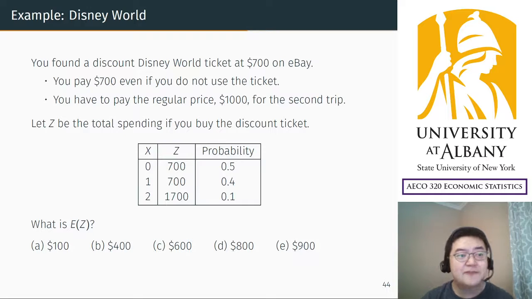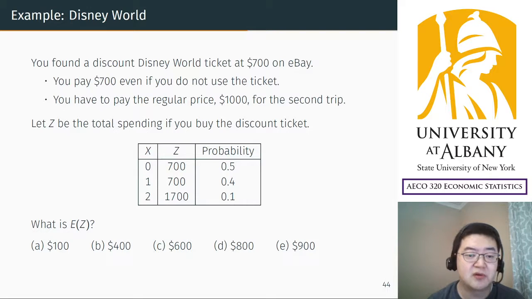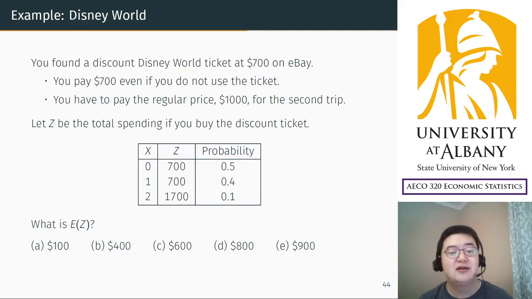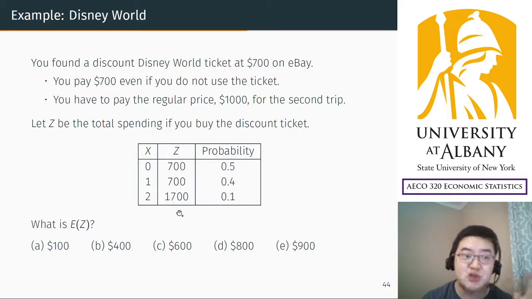And given these numbers, calculate now the new expected spending on Disney World. You may use the expected number of trips was 0.6. You may use that or you may not use that. So try this. I will see you in the next video. It may take a little more time, so make sure you try this.